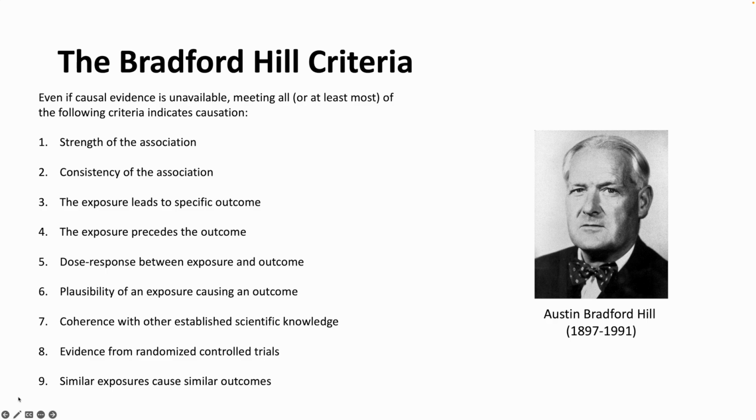But we can show this through a number of different things, including the strength of the association, the consistency of the association, the exposure leading to a specific outcome. We can look at whether the exposure precedes the outcome. So, for instance, in the case of smoking, does smoking happen before somebody gets cancer?